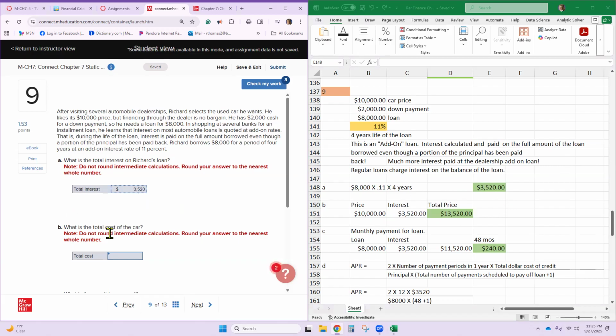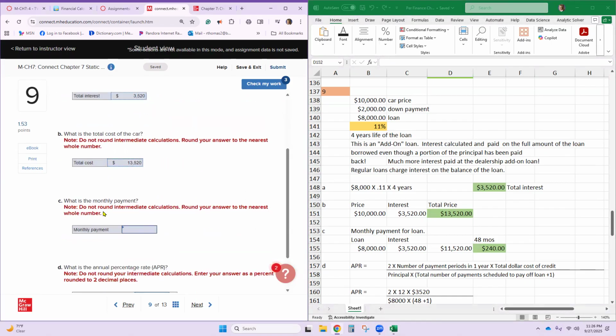B, what is the total cost of the car? Now we go back to the price. The price plus the interest that we just found. Okay, the total interest. Both of those combined is 13,520. That's the total cost of the car.